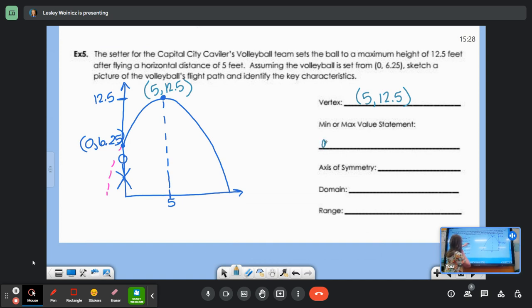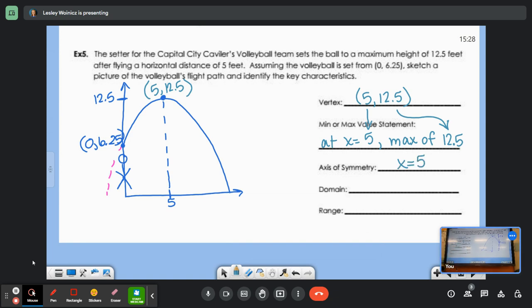Okay, so at x equals 5, we have a max of 12.5. What is our axis of symmetry? X equals 5.